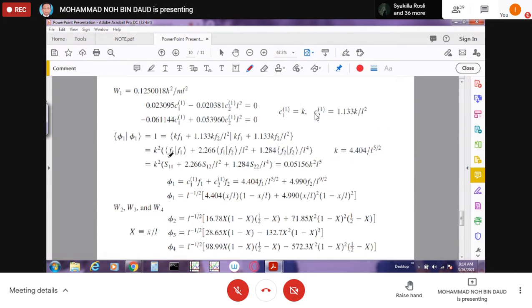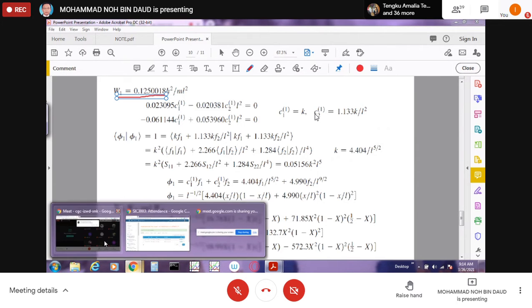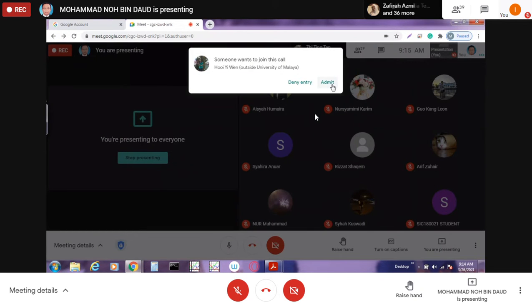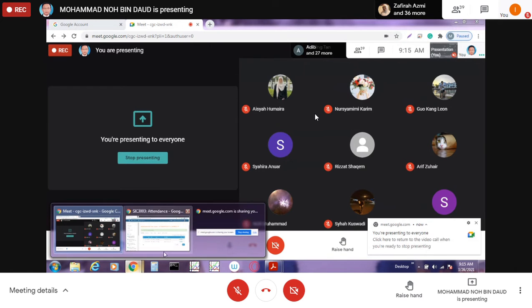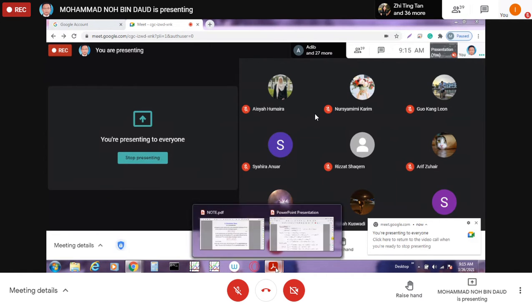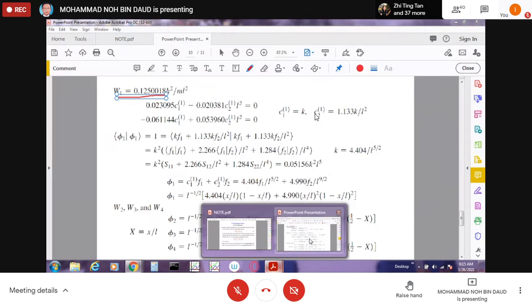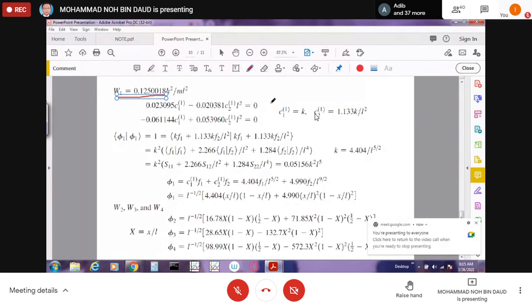So this is the first root, and we have here two simultaneous equations.